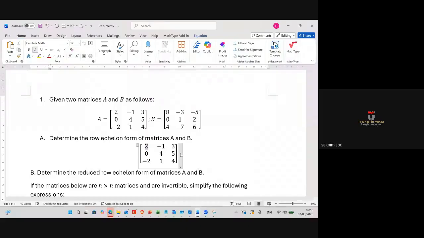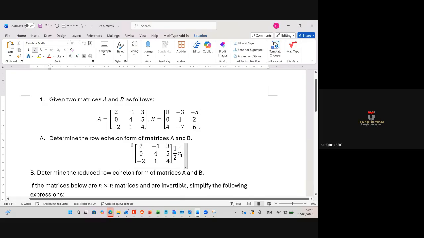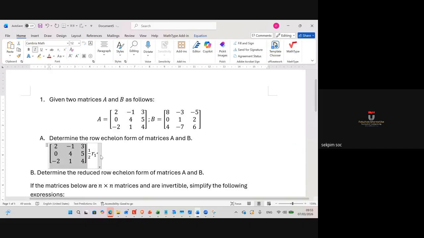So we can just multiply the first row with half, such that row 1 times half, right? Okay, this is row 1 times half, such that you will get, okay, all elements in row 1 multiplied with half, so this is 1, right?